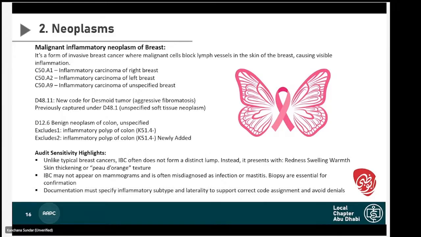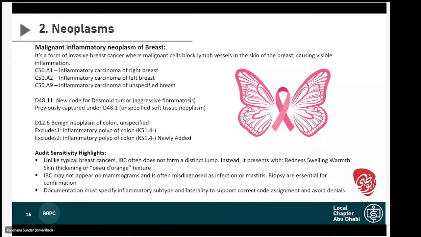Ensure that whenever you are checking the documents, you are checking for the pathology reports accordingly and coding to the highest specificity available. So don't be misled by the mammograms. Check the biopsies, because inflammatory carcinoma cannot be seen in mammograms and it would be evident with the biopsy.